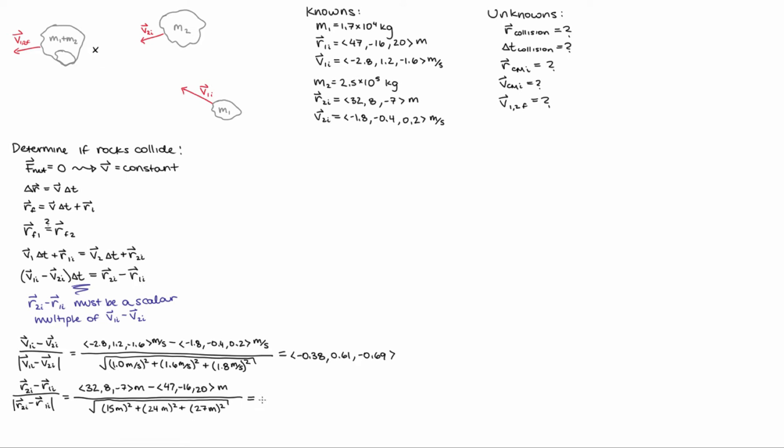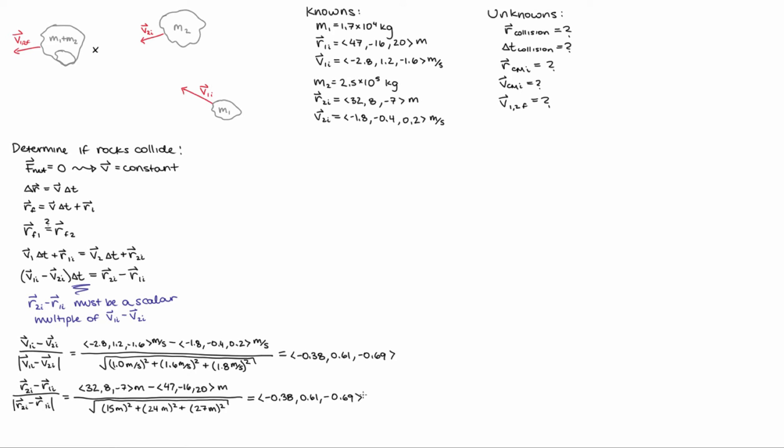This yields the unit vector -0.38, 0.61, -0.69. Since the unit vectors match, we know that R2 initial minus R1 initial is in fact a scalar multiple of V1 initial minus V2 initial.